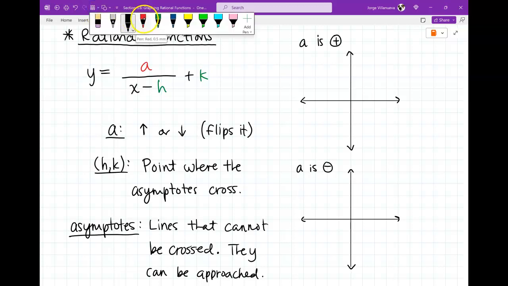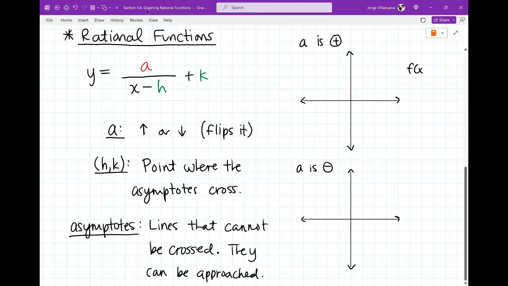So the normal equation, 1 over x, this is the basic function. So I'm going to put right here, f of x equals 1 over x. This will be f of x equal to negative 1 over x. Okay? If it's just 1 over x, that means that my a term is 1, and my h and k are 0, 0, because it's not there.